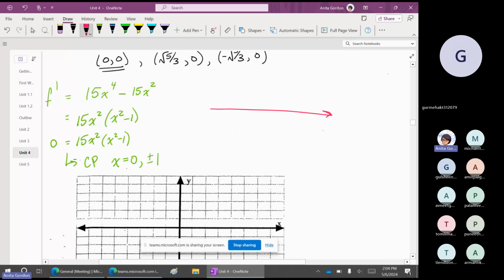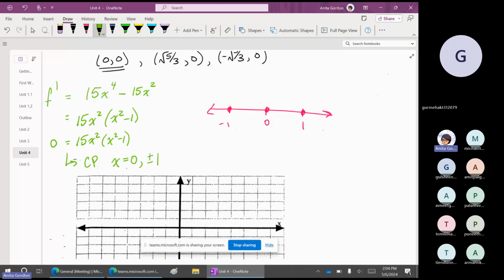Let's take a look here. 0, plus 1, minus 1. I know that I have a peak and valley or an inflection at these 3 points. So what I want to do is figure out what is happening on the left and right side of these points.